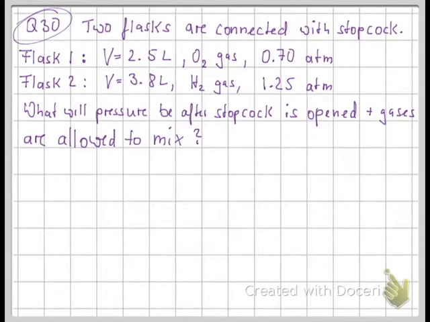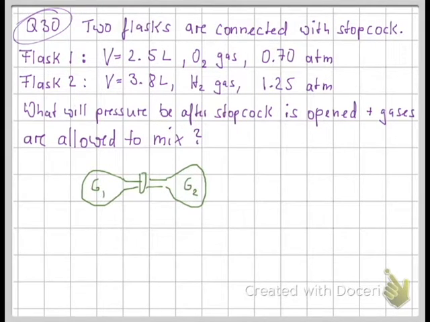Alright, so we have 2 flasks. Flask 1, like this, and there's a stopcock between these 2, so they can be separated. So there is gas 1, G1, and G2.